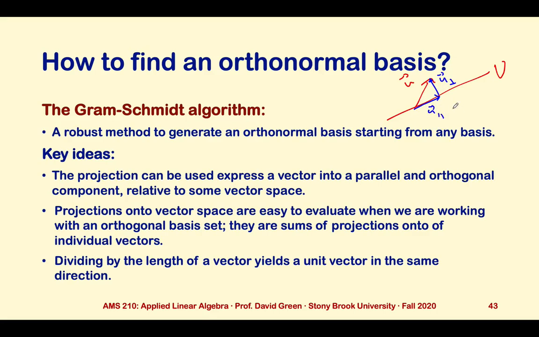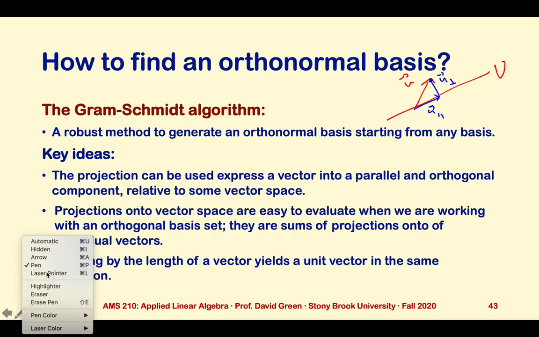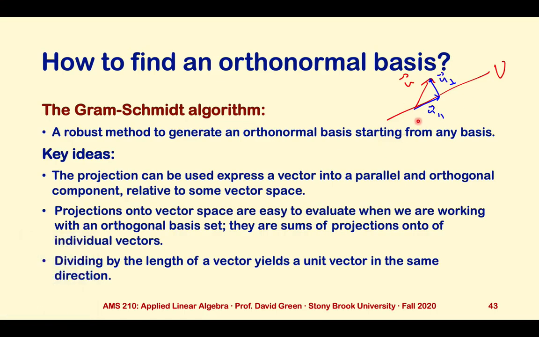We can do this when the vector space is a line, a plane, or anything. And we know that the parallel component is given by the projection, and the orthogonal component is given by the difference of the original vector and the projection.